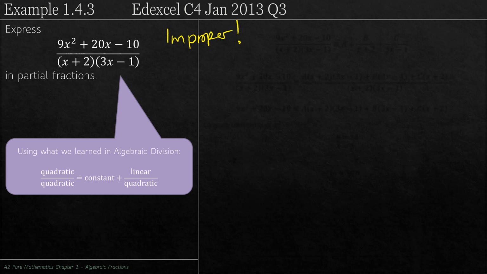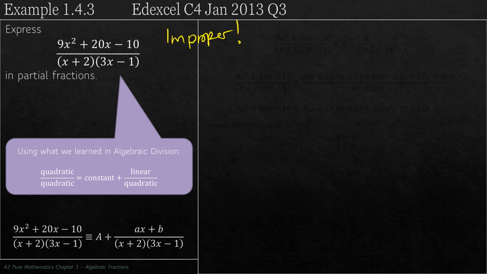So we need to use what we learned in a previous section. Something quadratic divided by something quadratic gives us a constant term plus something linear over the same quadratic that you were dividing by previously.